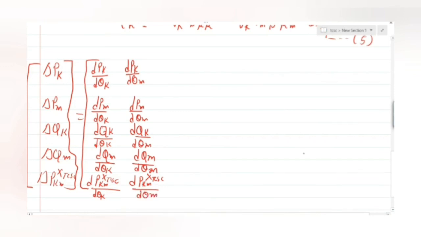Similarly, the voltage, another variable, is differentiated with respect to voltage according to the Newton-Raphson method.